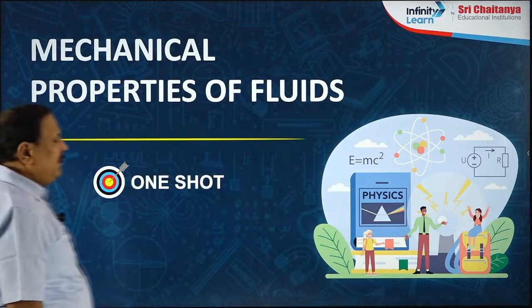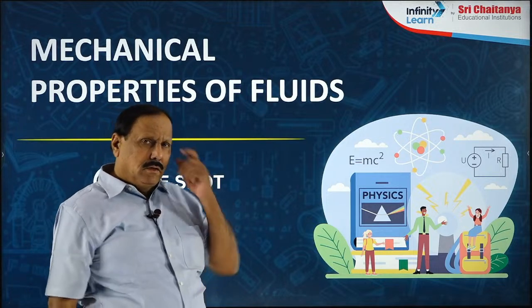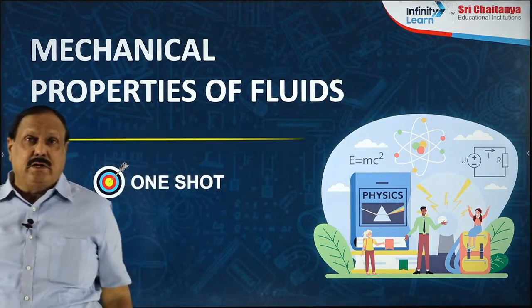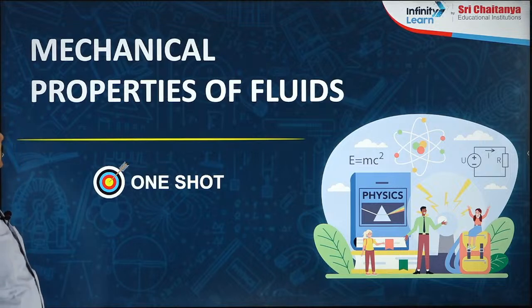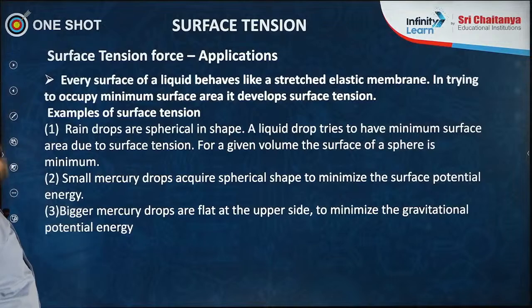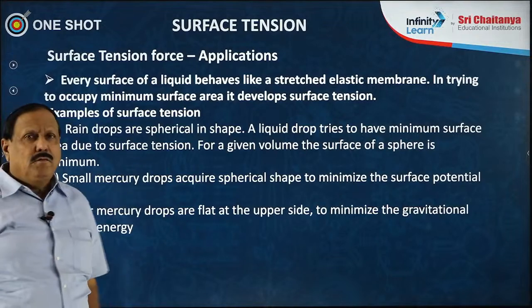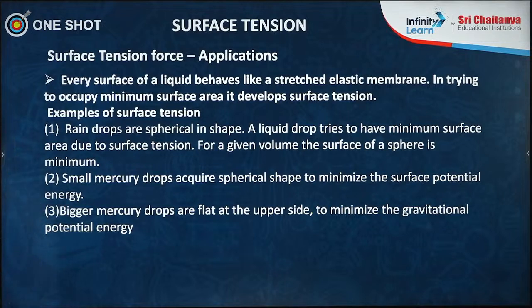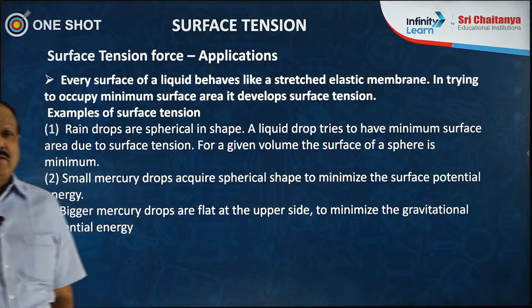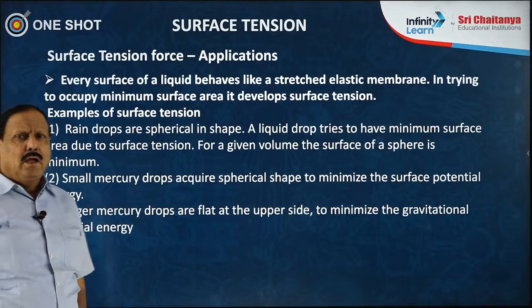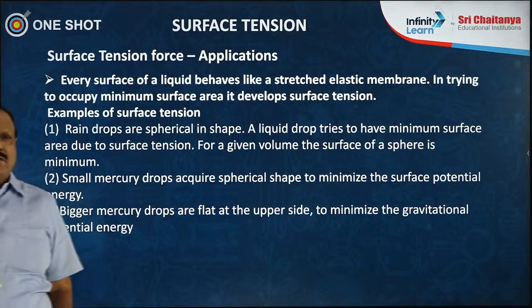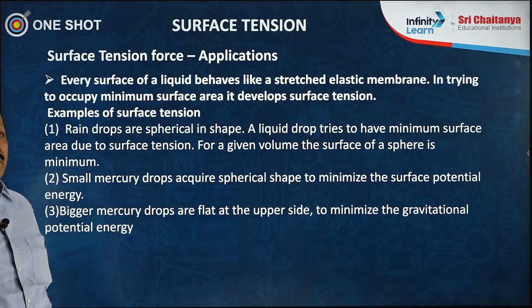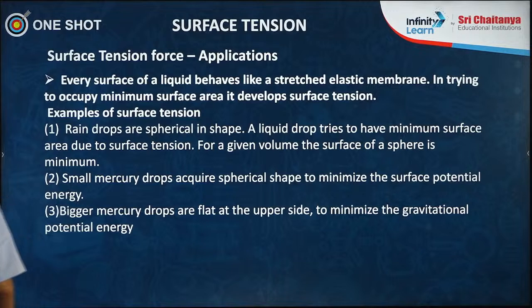Good morning. Today we are going to discuss the second part of fluids, that is surface tension. If we come to the case of surface tension, whenever we consider the surface of a liquid, every molecule on the surface of the liquid behaves as if it is under some tension.